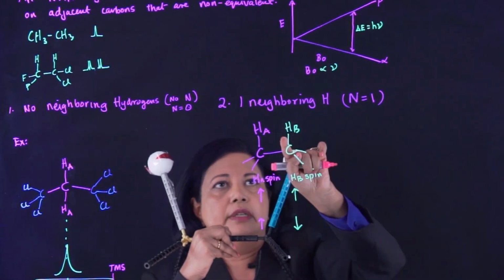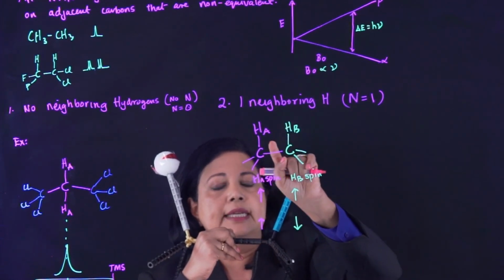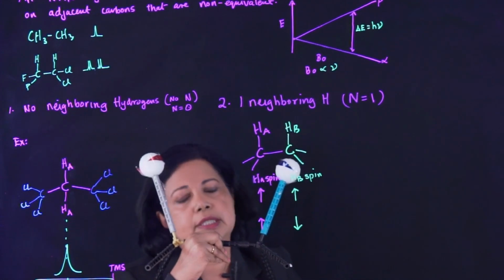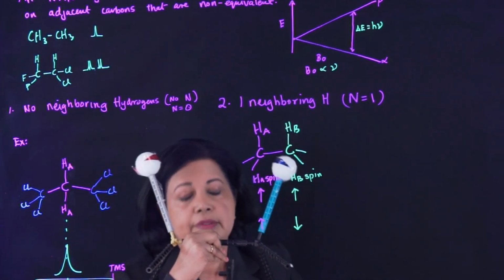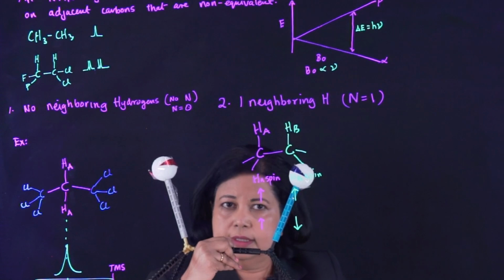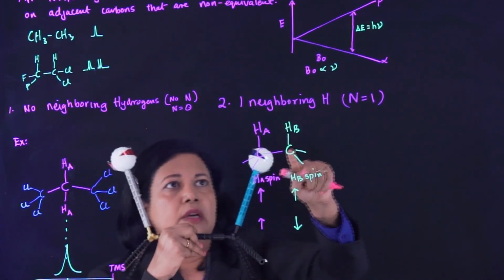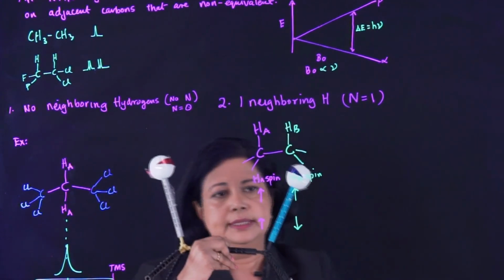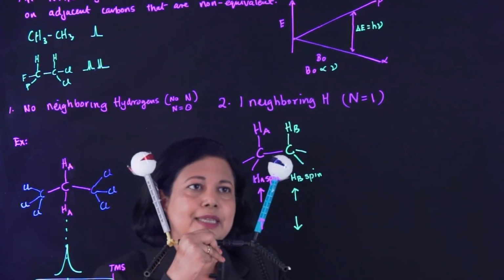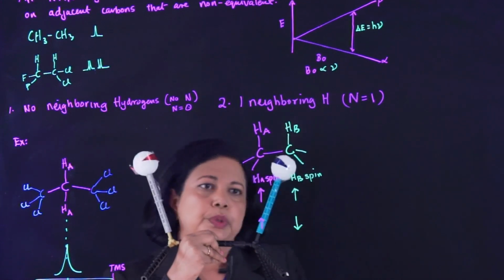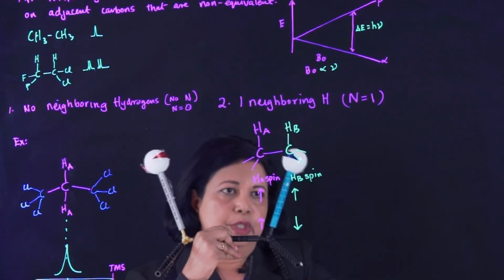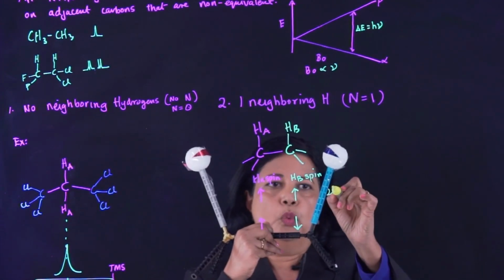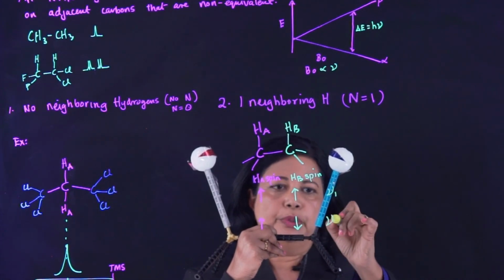For a hydrogen on an adjacent carbon like that, that would mean a frequency shift of about 6 to 8 hertz. That is called the coupling constant, because it is a constant for two protons on adjacent carbons in a molecule. So therefore, you're going to get two different values. Let's say this is going to be nu1, and this is going to be nu2.